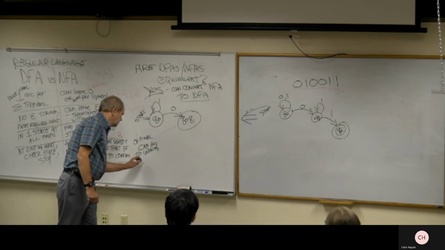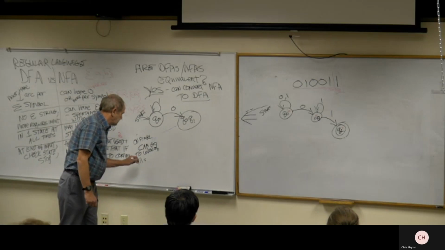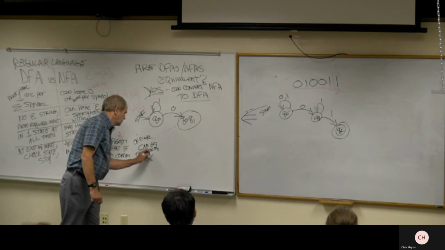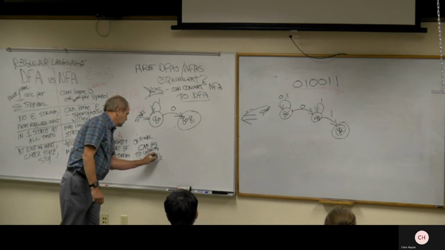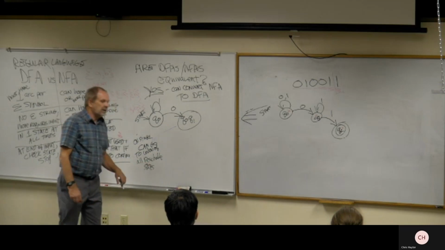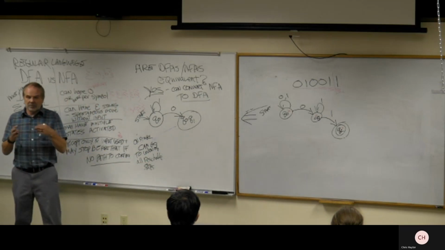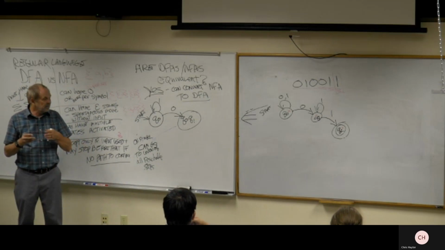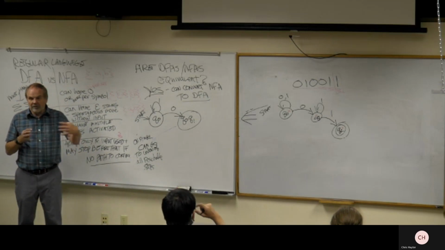We don't have Q0, Q0, or Q0, Q1, Q0. We don't have any combinations going on. We're just saying, look at all the places Q0 can go on a 0, and that happens to be Q0 and Q1.